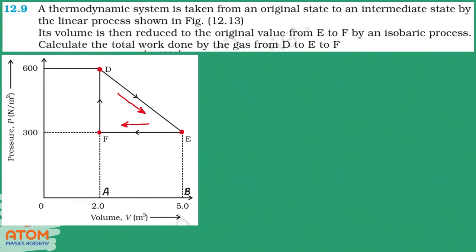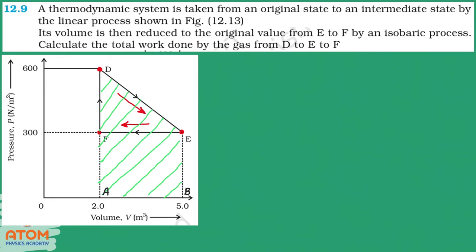For example, if we are talking about the process from D to E, then this is the line of process D to E. Then the area below this line, let me show the area. Here I am drawing green lines to show the area below the line DE.